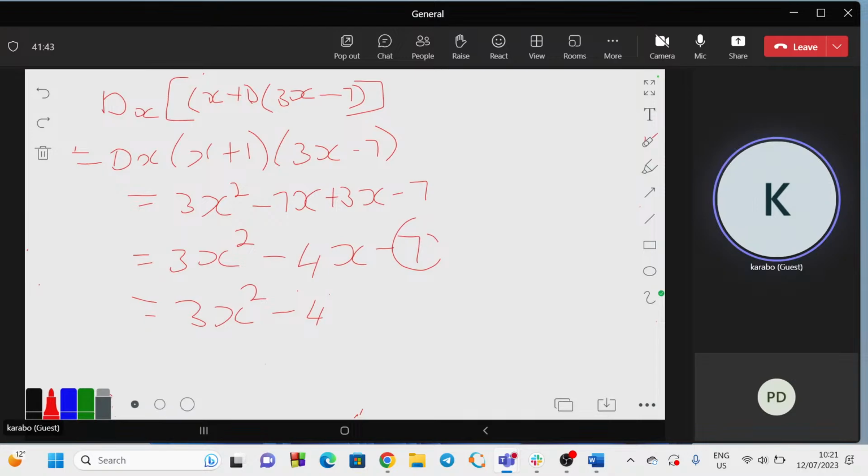Keep writing it until you have simplified. Then after when you differentiate, you stop writing the dx. Like this? Yes, even there you put a bracket. Yes, even on top there.